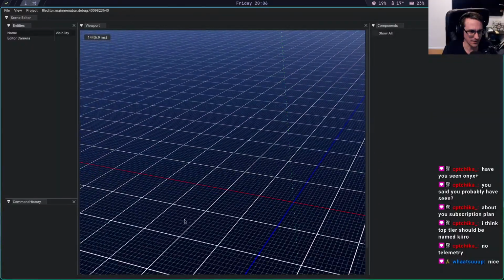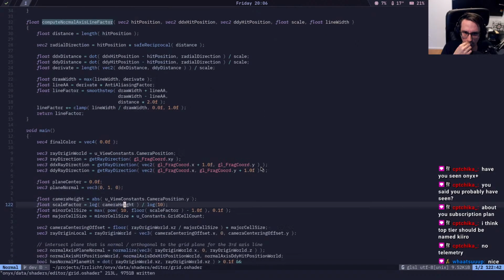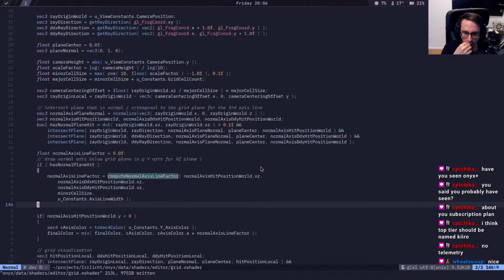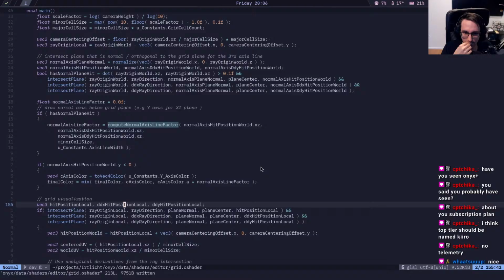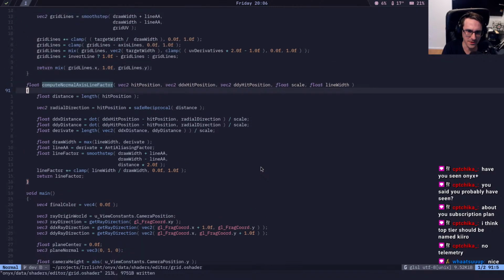No, that didn't do it. It's mostly because the distance. Oh, we need to scale this one. I think. Do we need to scale this before the length or after the length?